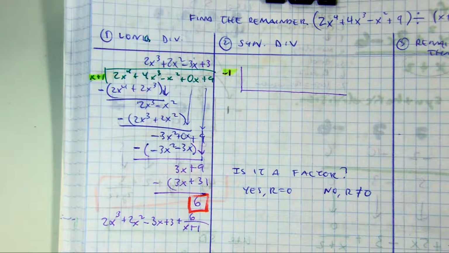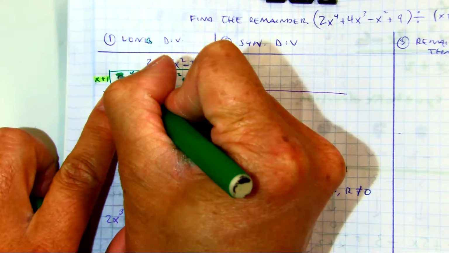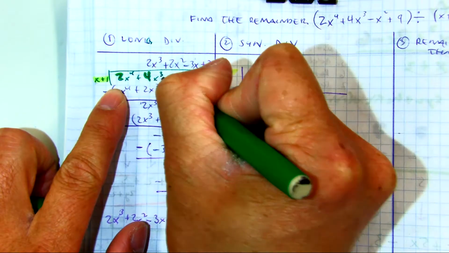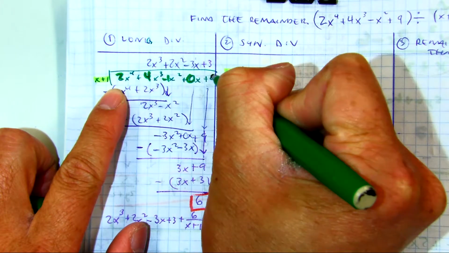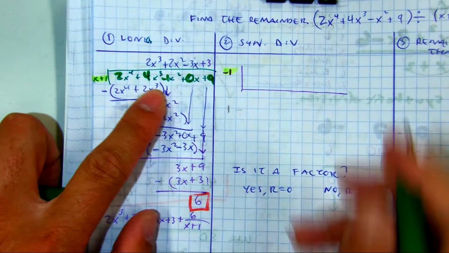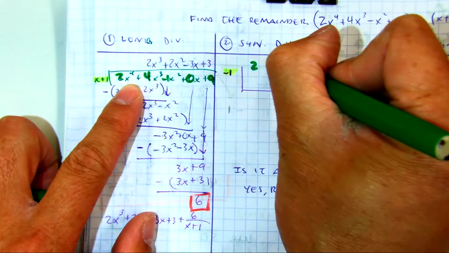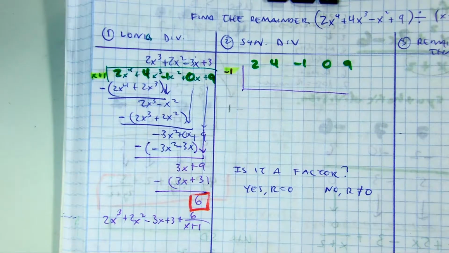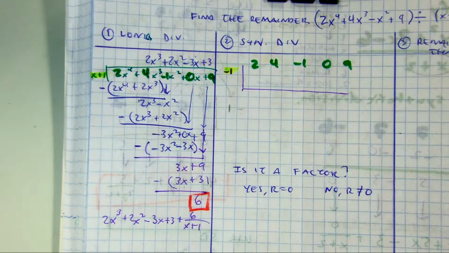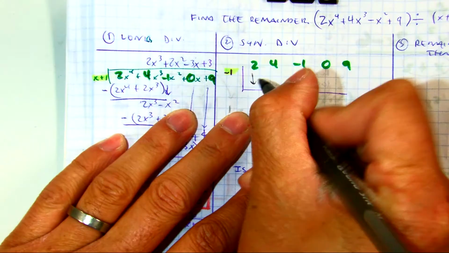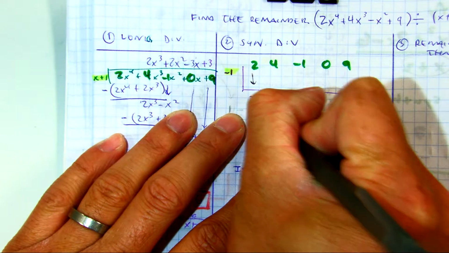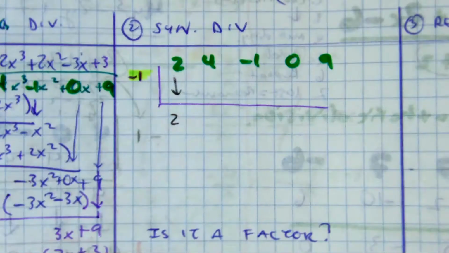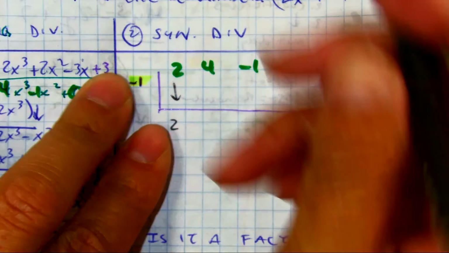We learned to write our coefficients: 2, 4, negative 1, 0, and 9. These numbers go over here: 2, 4, negative 1, 0, 9. Class, what do I do? So what math operation now? Multiply diagonally. What do you get?